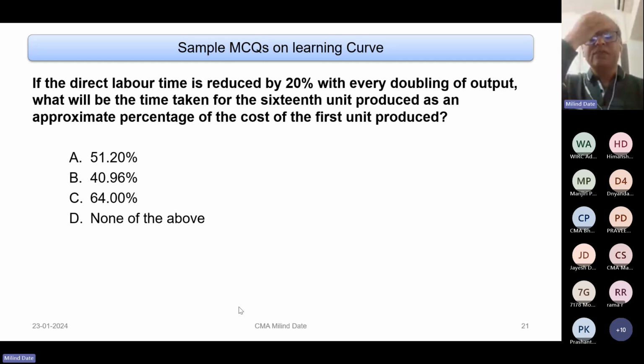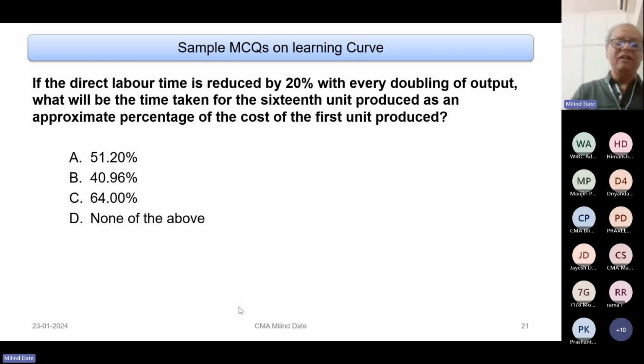Yeah, one answer has flown in. Well, let me put it. The first unit will always take 100% of the time, no reduction.